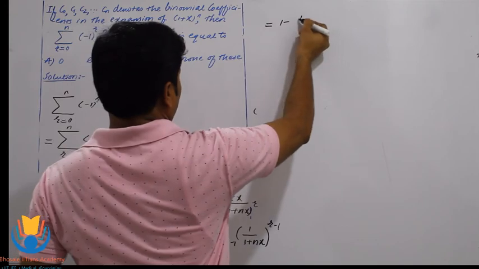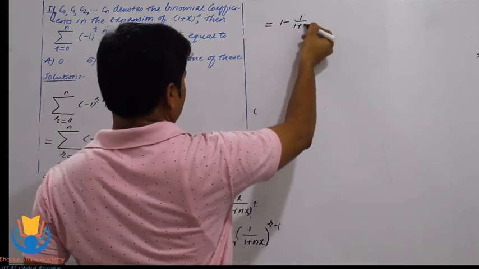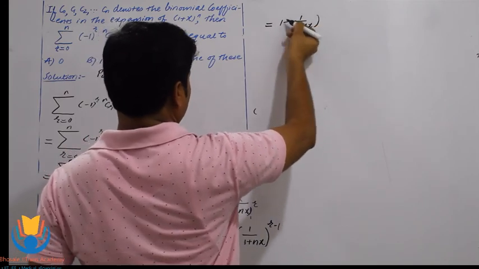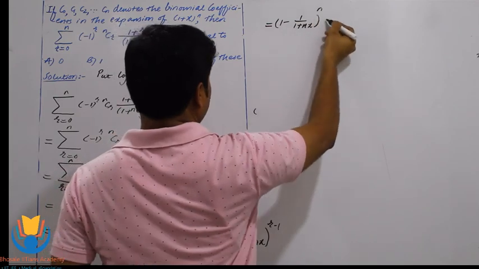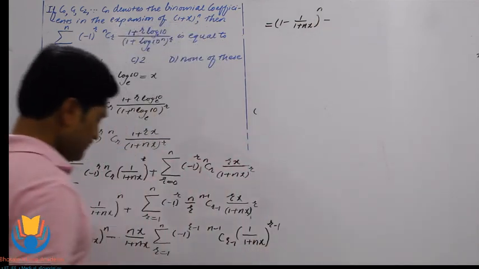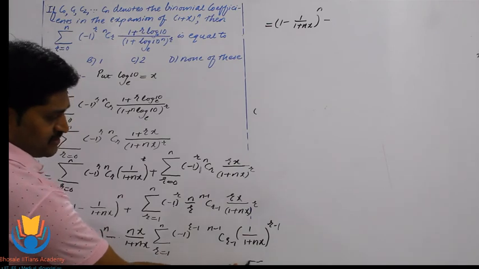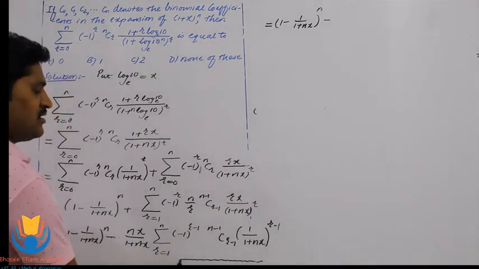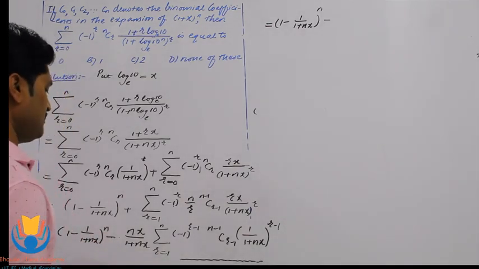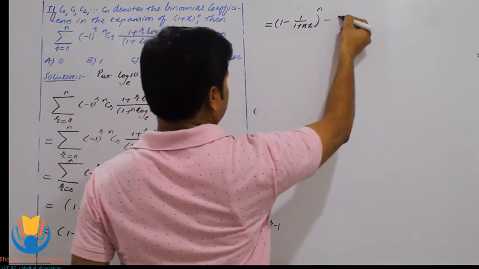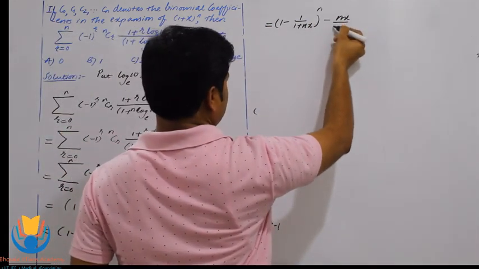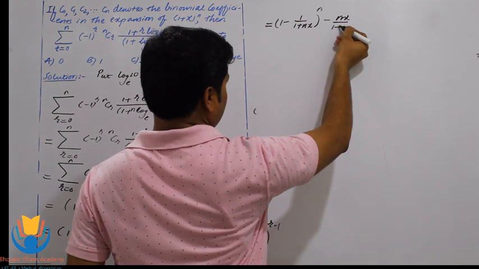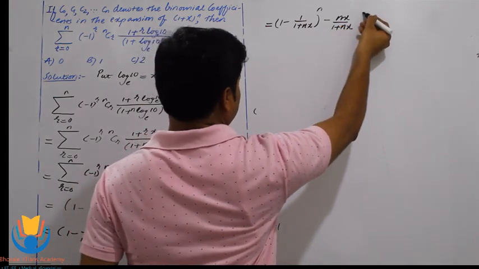So 1 minus 1 upon 1 plus nx whole raised to n as it is. If you see here properly, this is again nothing but the expansion of some term. So that term is going to be, let this nx upon 1 plus nx as it is.